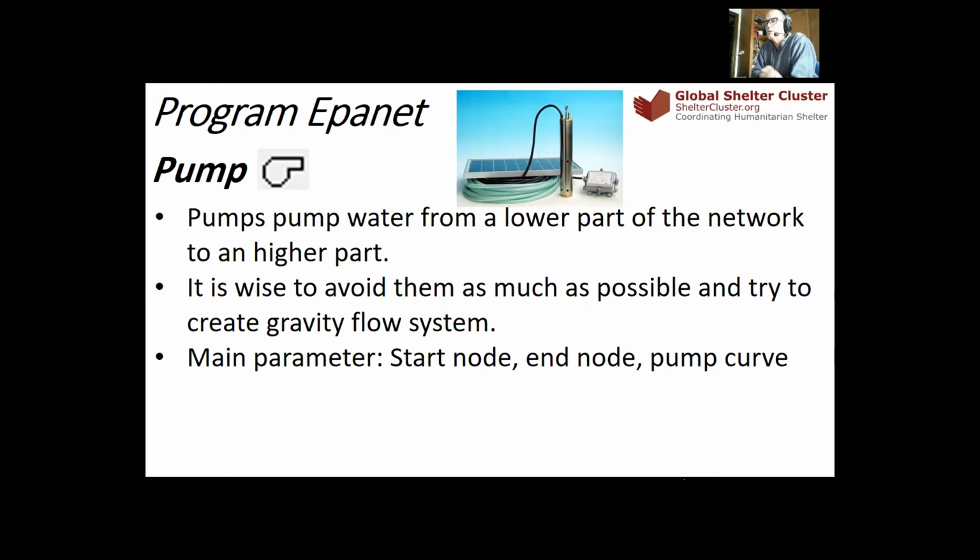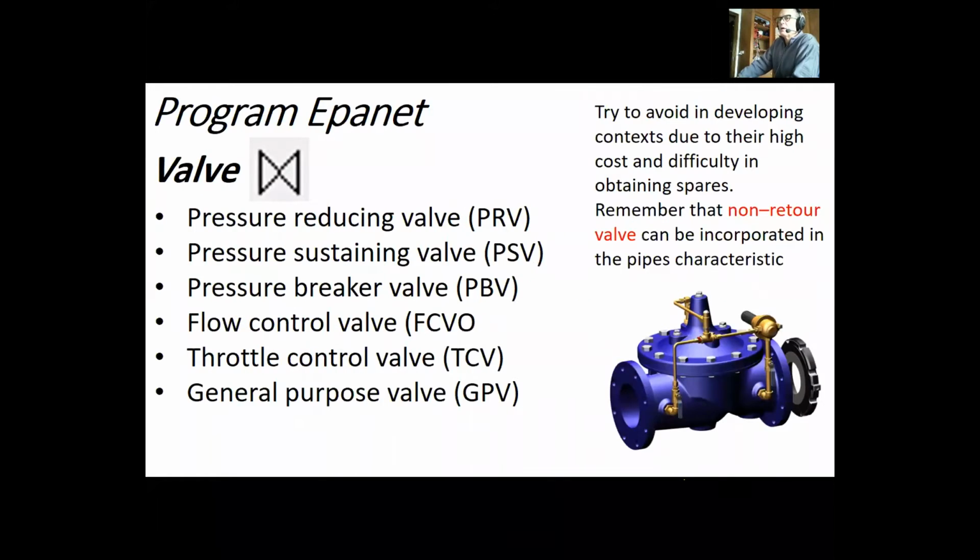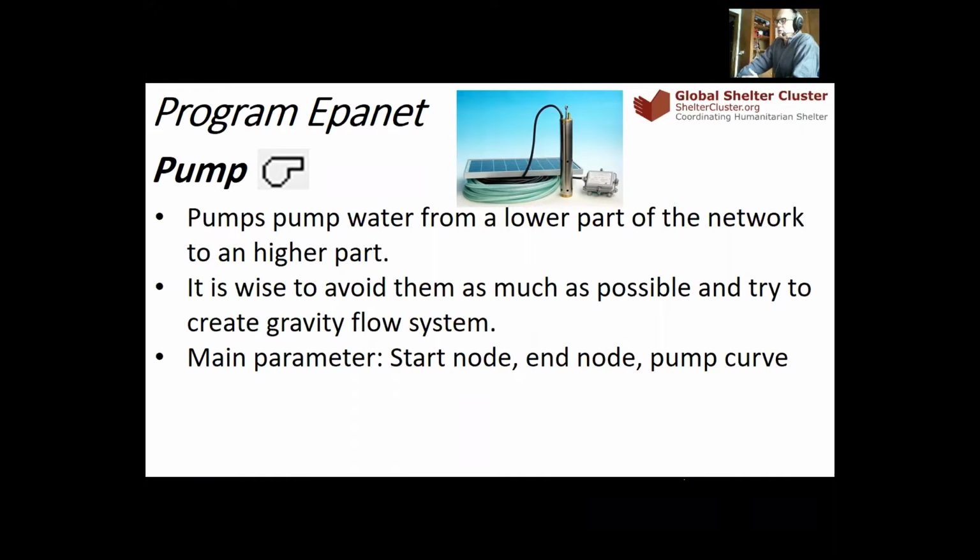It's just between two junctions you insert the pump. It means the main parameters of the pumps are start node, end node, and pump curve. I think everyone knows what a pump curve is. If not, it's actually the capacity of the pump to lift a certain amount of water over a certain elevation. Each pump arrives with the pump curves.